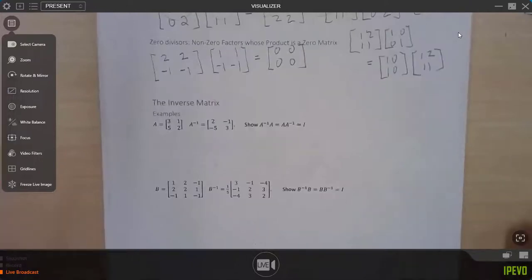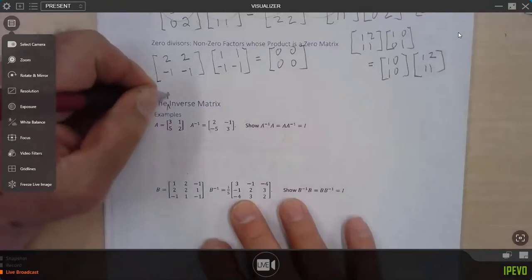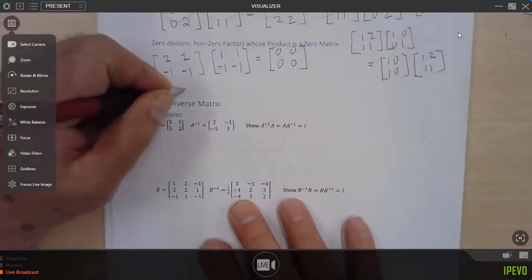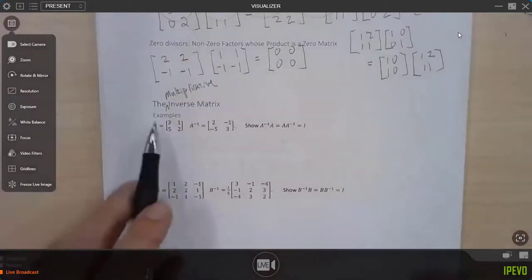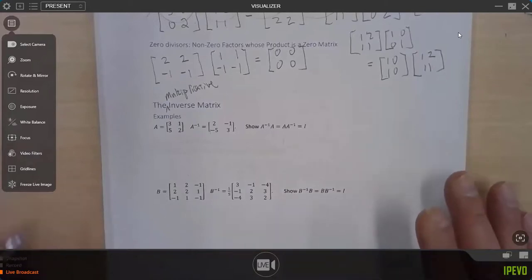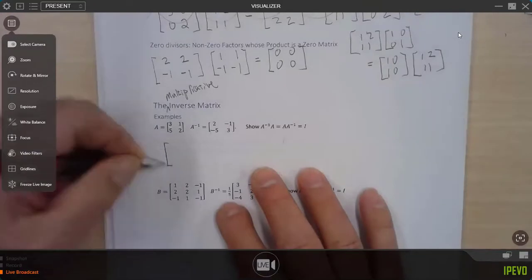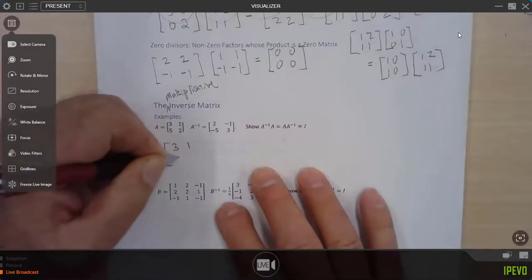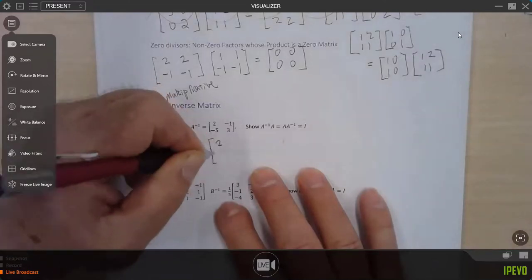All right, now, is there a multiplicative inverse of a matrix? The answer is that some matrices have a multiplicative inverse and others do not. And what I mean by multiplicative inverse is this.